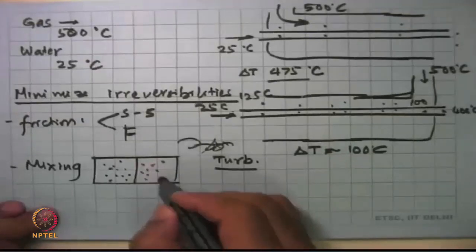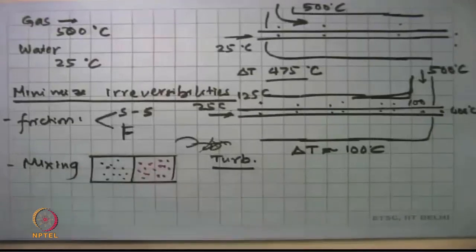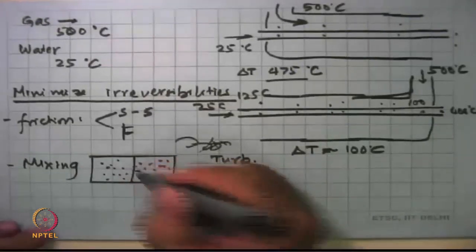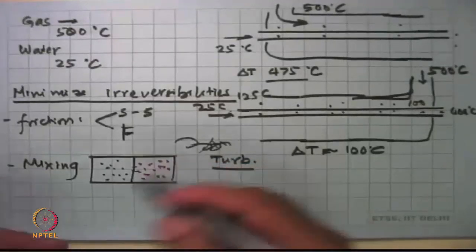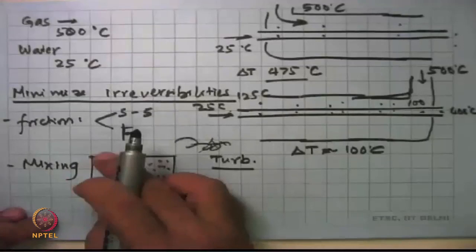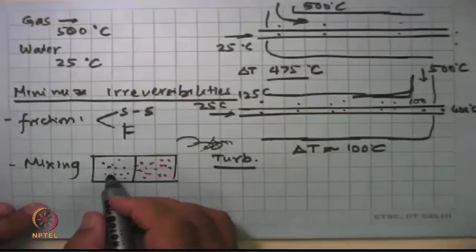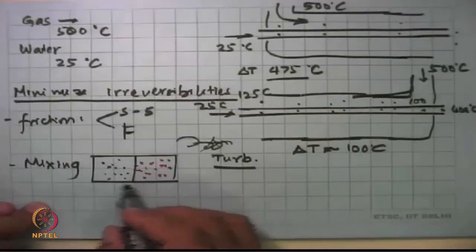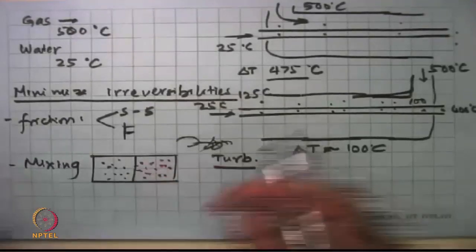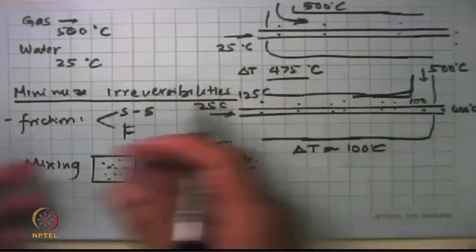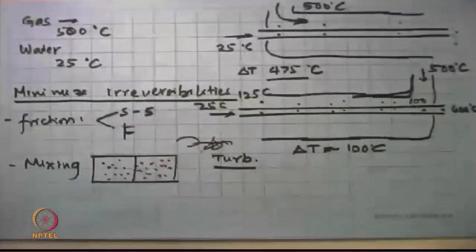Say one side is oxygen, the other side is butane, and if we rupture this thing in between, gradually these molecules move into each other, and after a long time there will be no concentration gradient, and that will become an equilibrium system. So in that case, if you want to reverse it and get the two molecules back separate by themselves without doing anything, this cannot happen. You will have to put in more work and put it through some more processes before this mixing can be reversed.